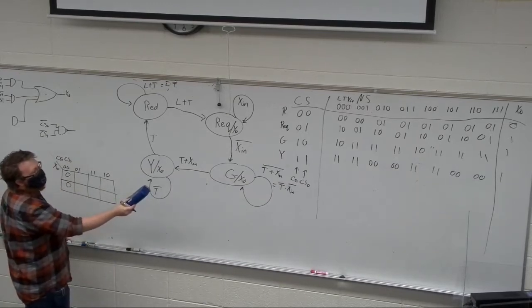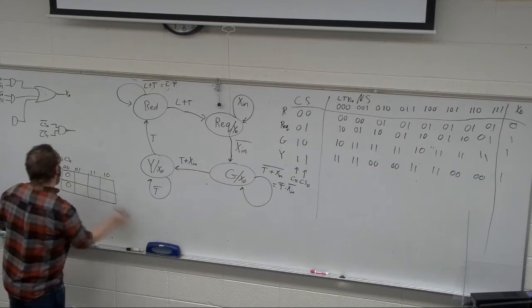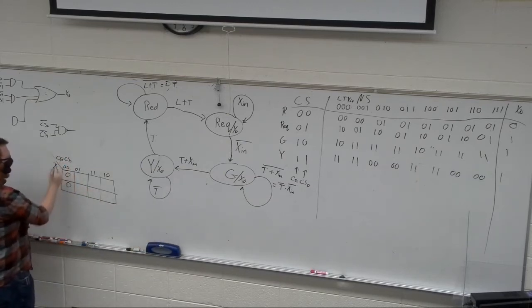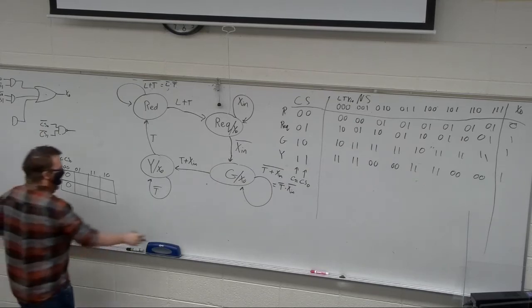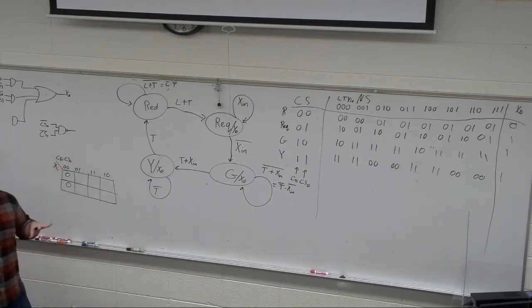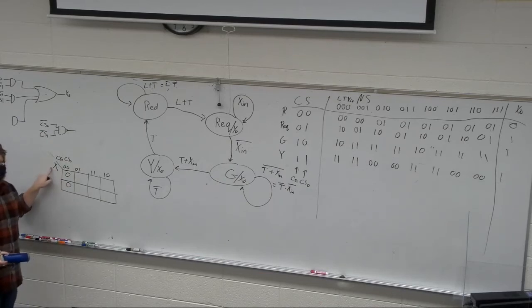But say it did depend on X in. Let's just pretend it was a Mealy output or something, then you would do that. If there was a third variable or I had 3 state variables, then I could fill this out. In general, Moore state machines are easier to write this output combinational logic for as well, because you don't ever have an input in the state. It's only the states.